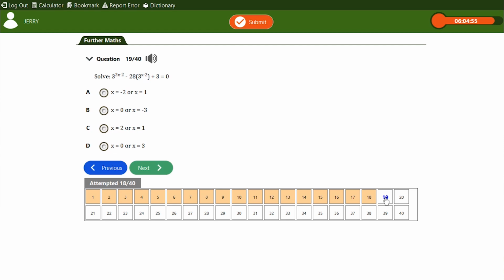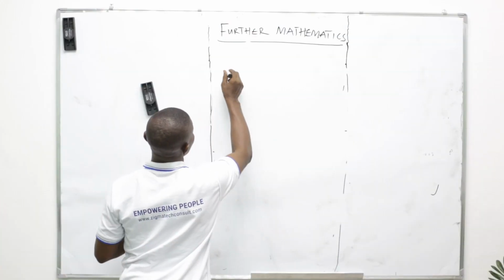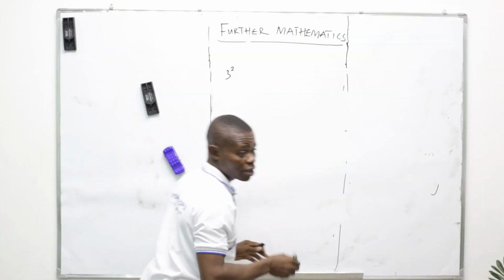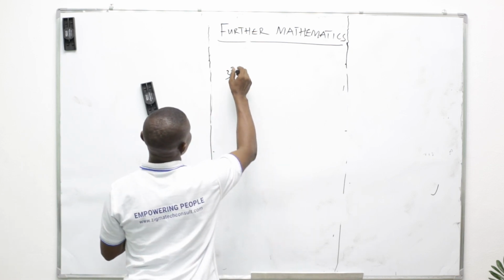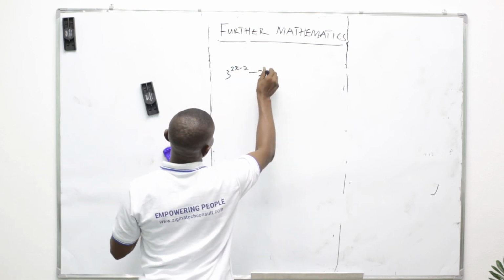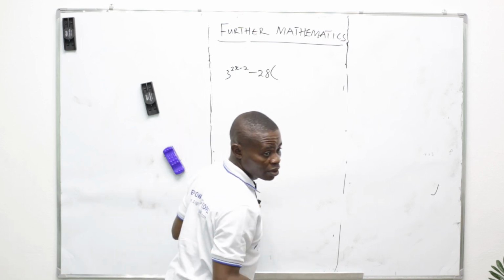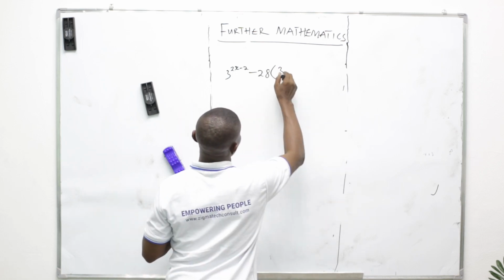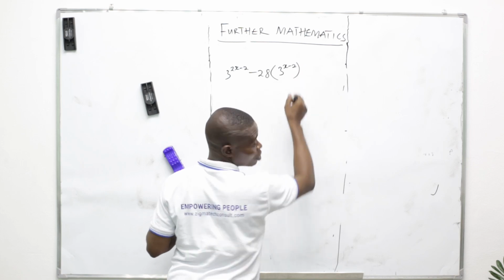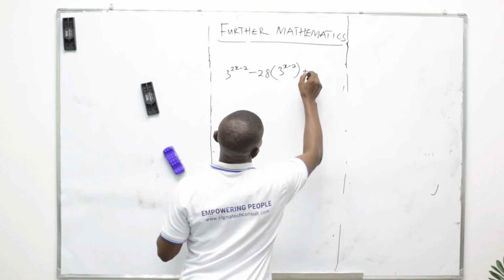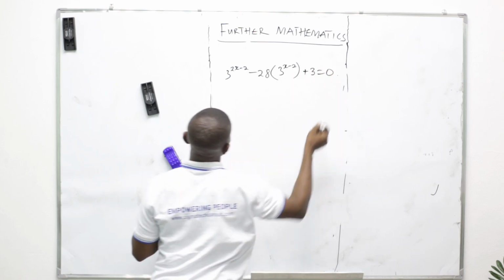Solve 3 raised to the power 2x minus 2 minus 28 into 3 power x minus 2, close it, plus 3 equals 0. Good.